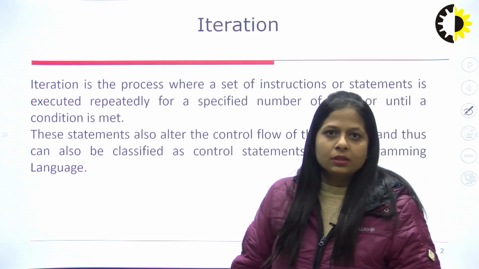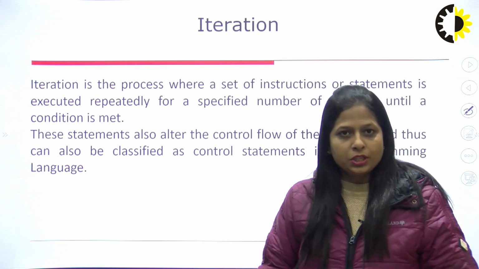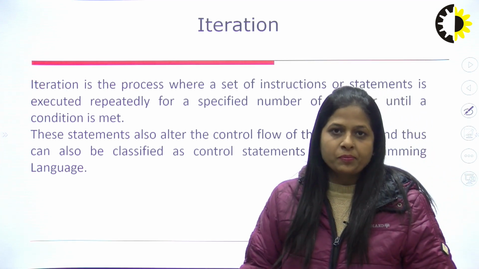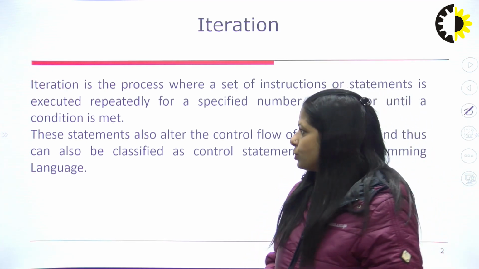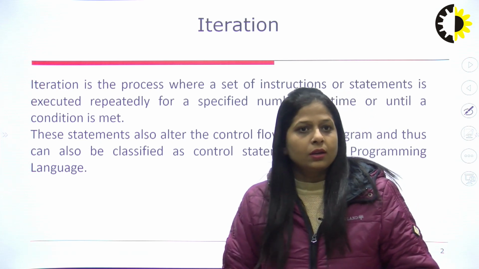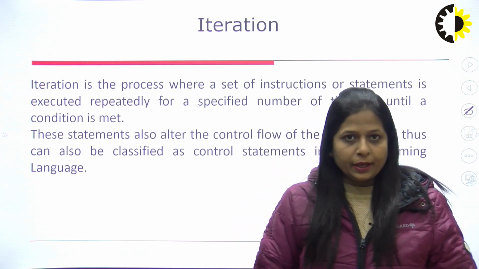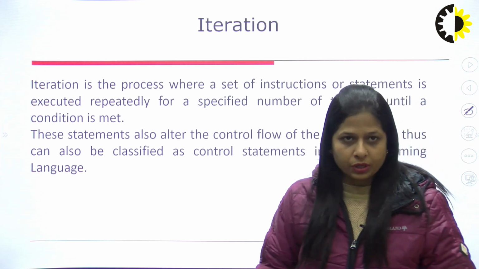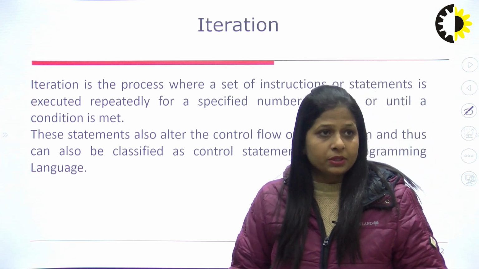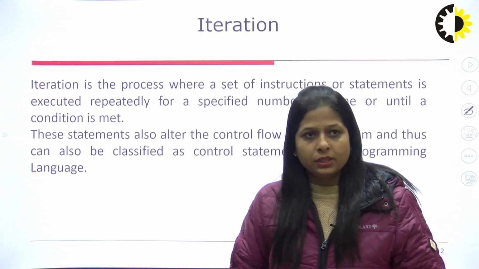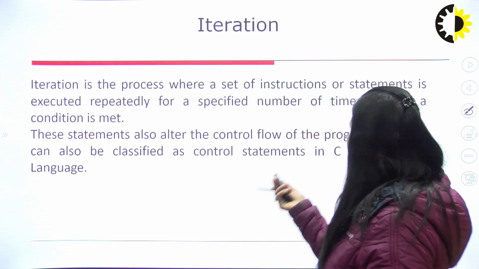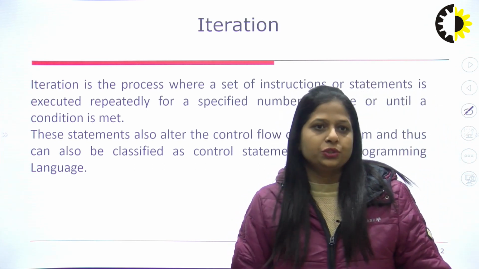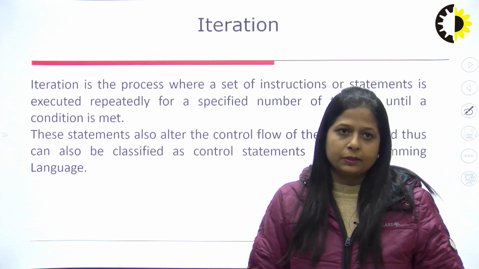So, in the beginning, we need to understand what the process of iteration is, and why there is a requirement for having loops. Iteration is a process where a set of instructions or statements is executed repeatedly for a specified number of times or until a specific condition is met.